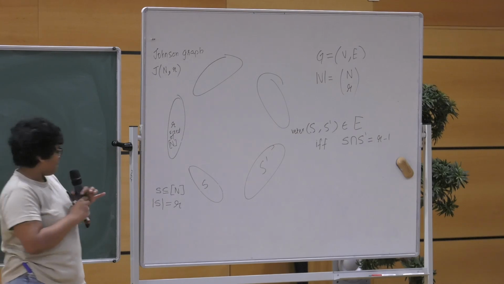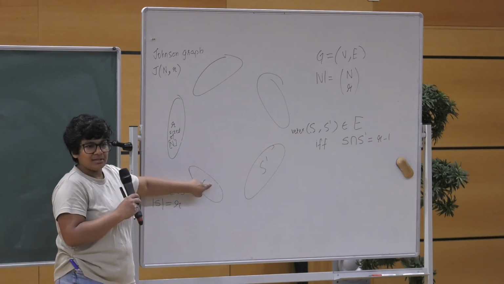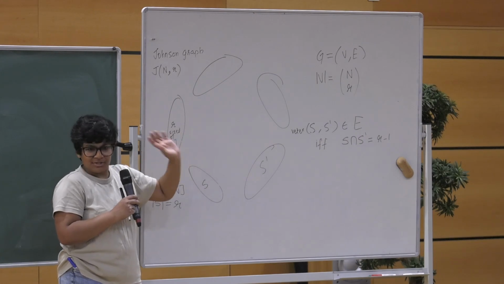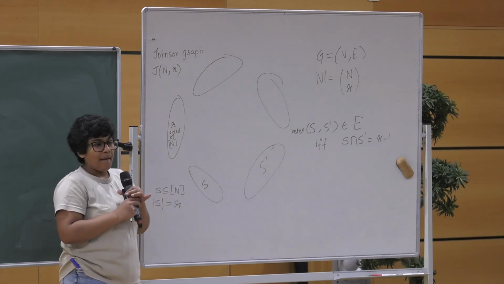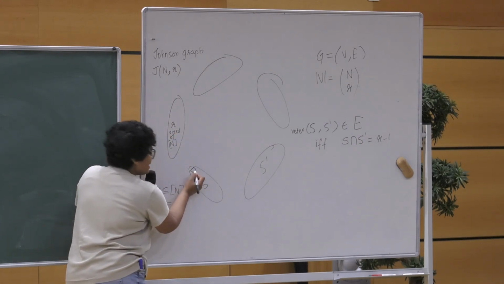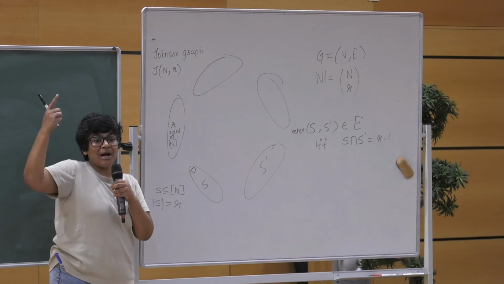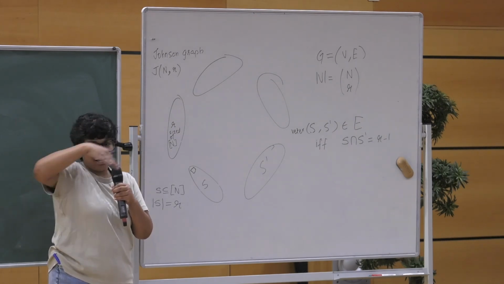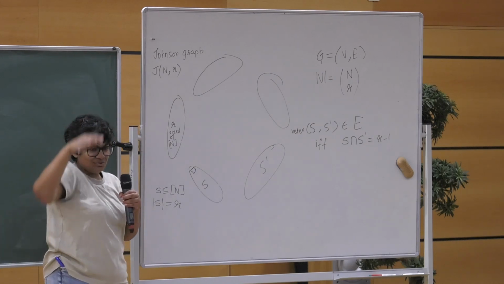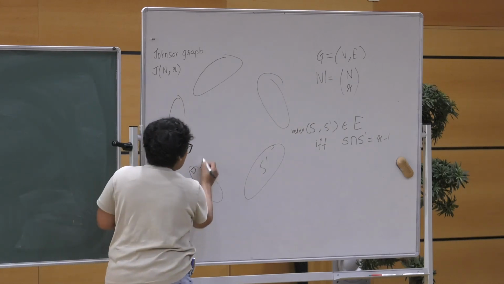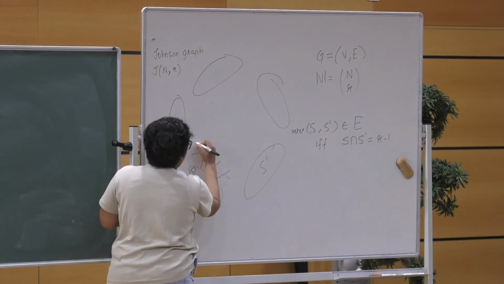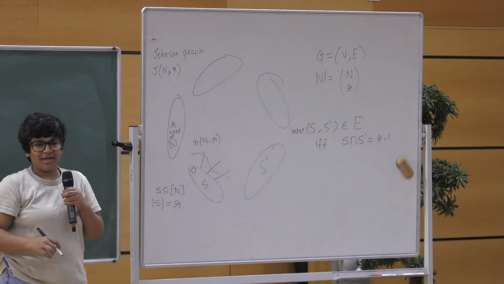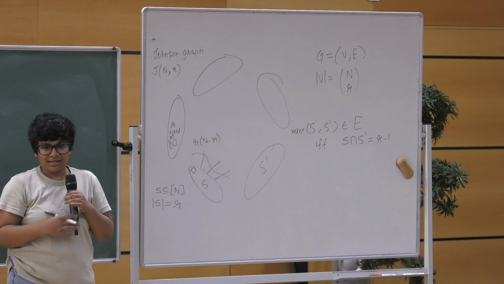How? I can take every element in S and replace it to get R different elements. But to replace every element itself, I can choose from how many different values? N minus R values, right? Because I have N minus R values to choose from. So in total, I will have R times N minus R neighbors for every vertex in this graph.